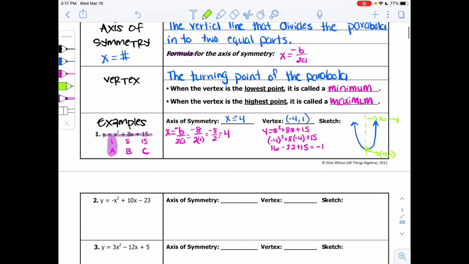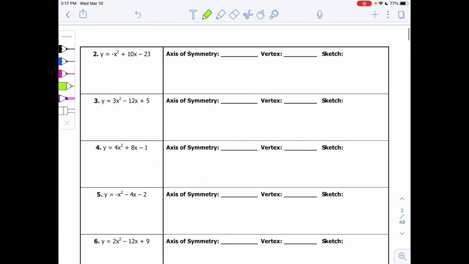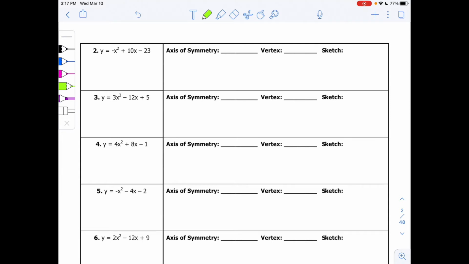Let's take a look at another example. Number 2, y equals negative x squared plus 10x minus 23. First, we calculate that axis of symmetry. x equals negative b divided by 2a. Let's identify what a, b, and c are so we make sure we're using the right thing. For this one, a is negative 1, b is 10, and c is negative 23.